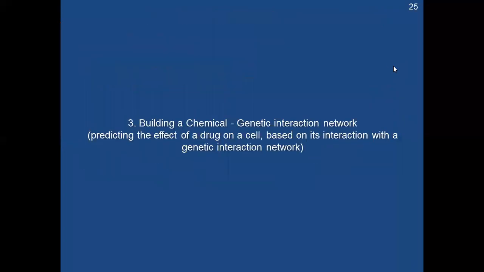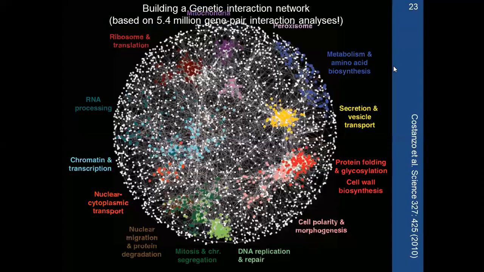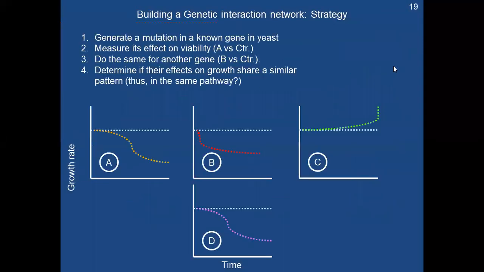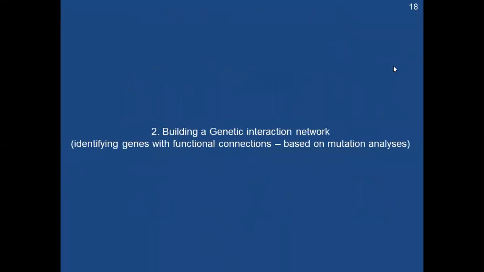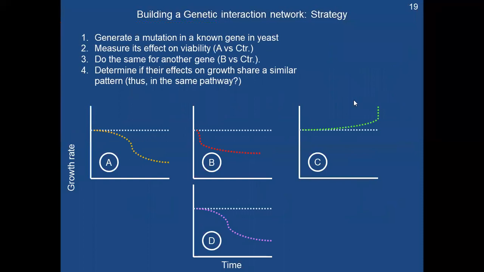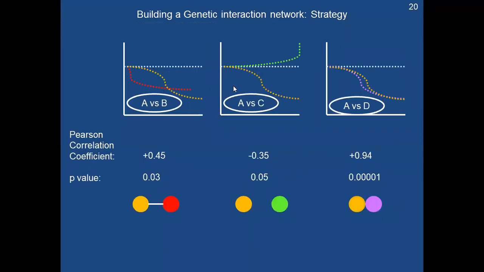So let's very quickly summarize. We are building a genetic interaction network, and we are going to generate growth curve changes in yeast by siRNA treatment against different genes. And then we are going to correlate the graphs that we obtain from these genes using Pearson correlation.